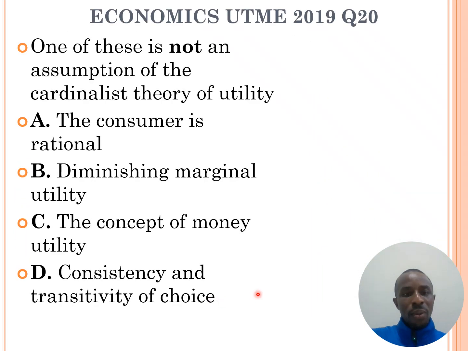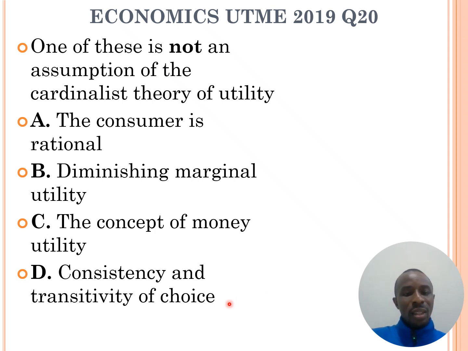One of these is not an assumption of the cardinalist theory of utility. Remember, we have two theories of utility. We have the ordinal and the cardinal. In the cardinal school of utility, it is believed that utility can be measured. Utility is measurable. But for the ordinal school of approach, it is believed that utility cannot be measured but can be ranked.